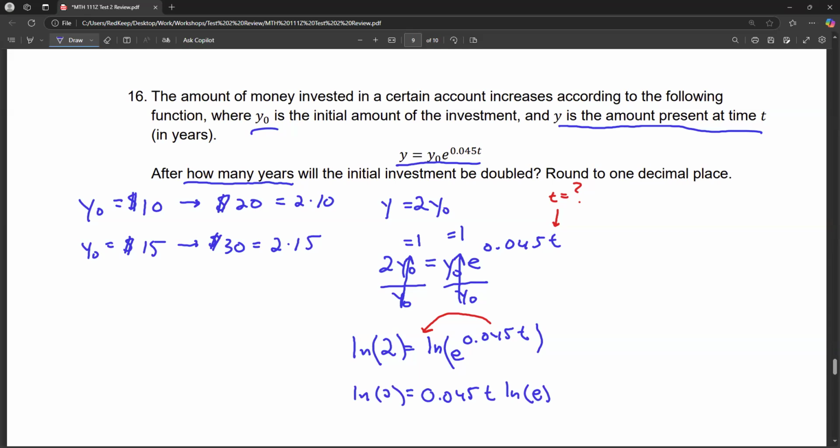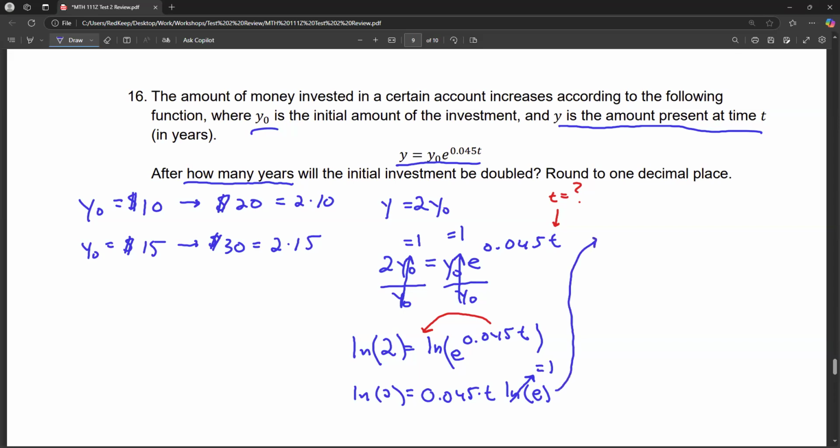You've heard me say this before: the natural log of e is equal to 1. Cool. Okay, so now we see what's left is that t is being multiplied by 0.045. And we want to know what t is. I'm running out of room here.